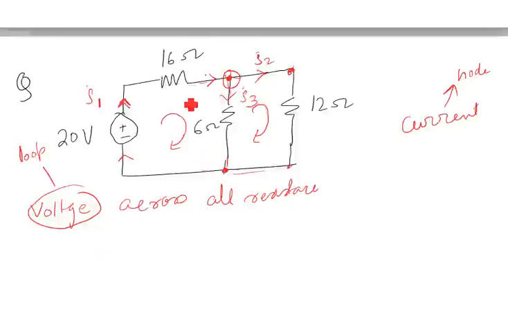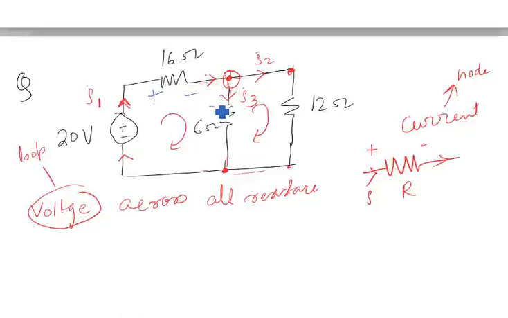Now whenever current enters a resistance, it will make a positive drop, and whenever it leaves, it will make a negative drop. So here current enters a resistance of 16 ohm, so this is positive and this is negative.